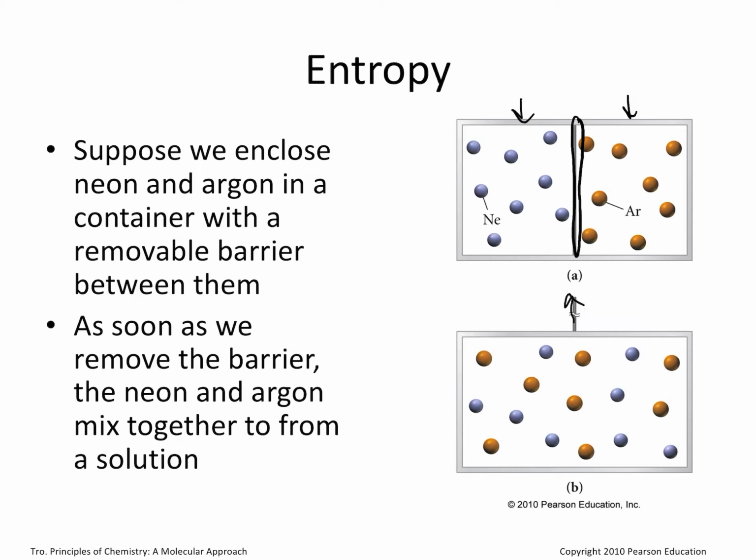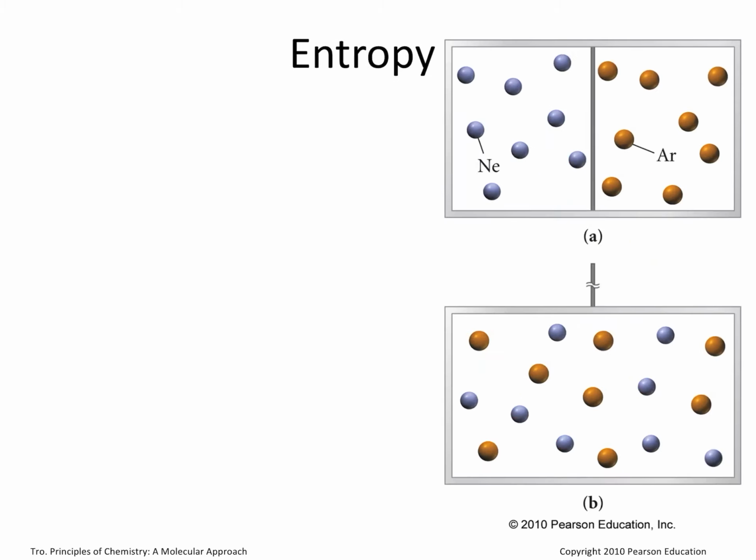In other words, we cannot think of the mixing of ideal gases as lowering their potential energy. Rather, we just think of them as going towards mixing because of the dispersal of disorder, which brings us to that specific word, entropy. So entropy is a measure of energy randomization or energy dispersal.